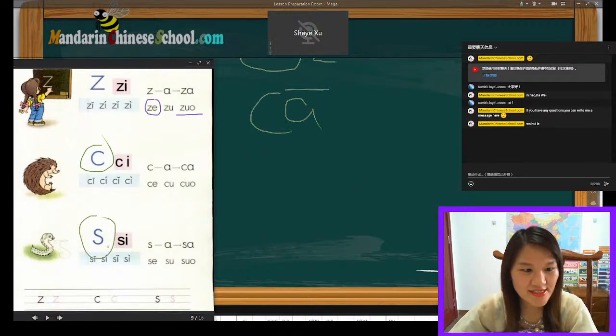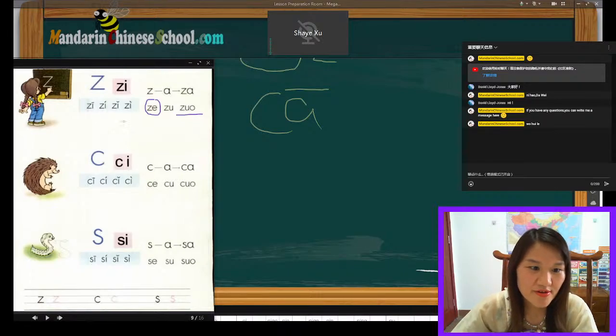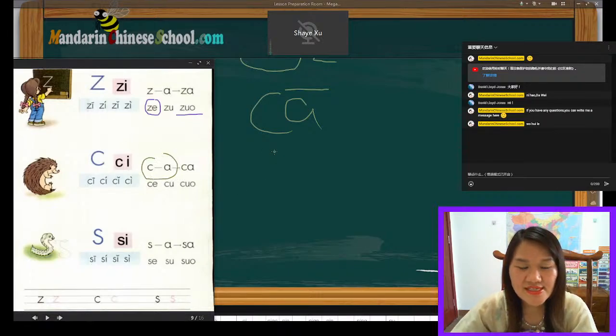This is 丝. I will read the words together. This one 擦擦, 厕, or you say 厕所, the toilet.